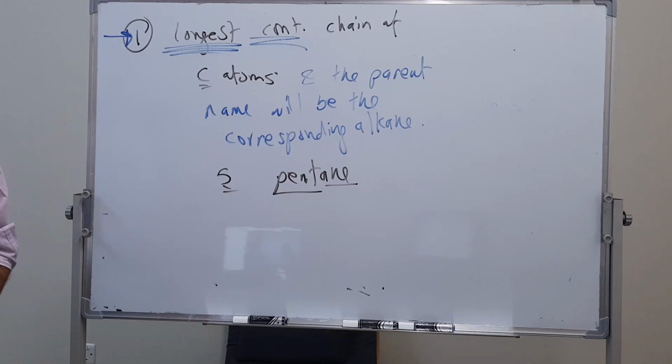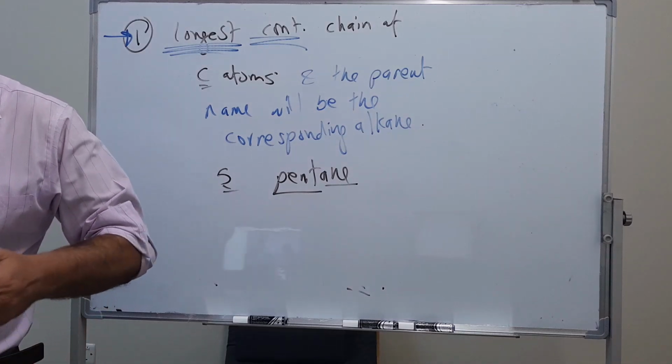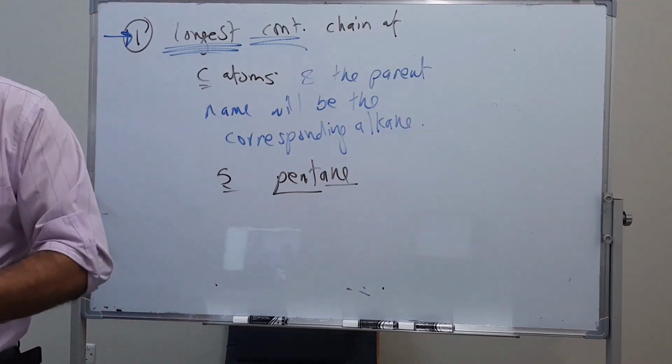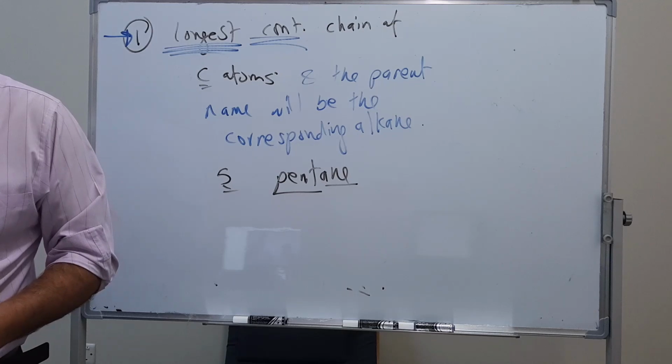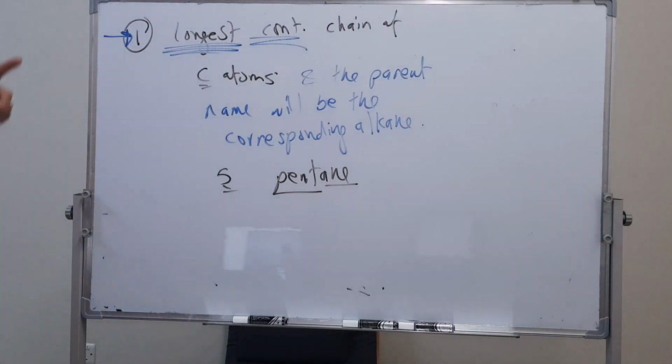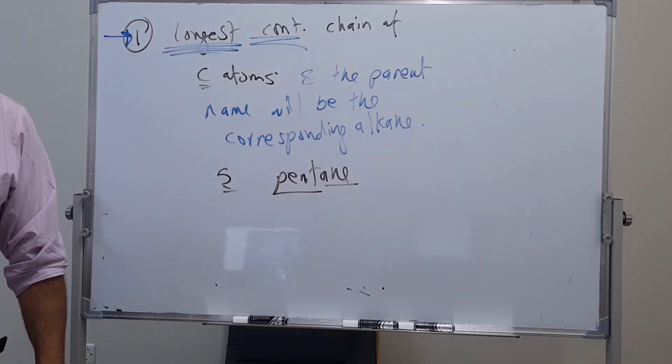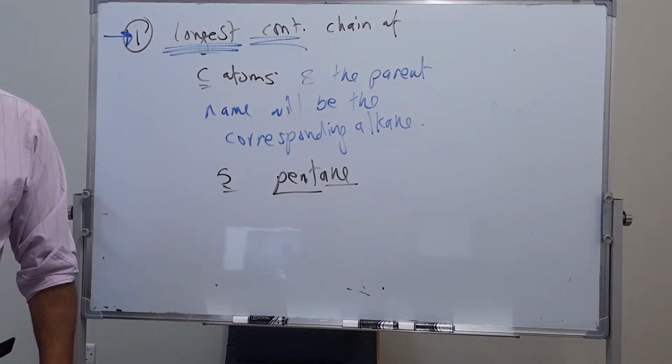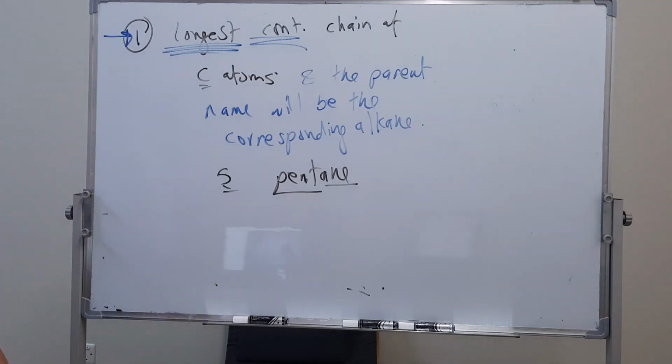Who cannot see the picture? If anyone cannot see the picture, it's very simple. You can just log out and then log in. I'm pretty sure it will work again. Okay, anyway.